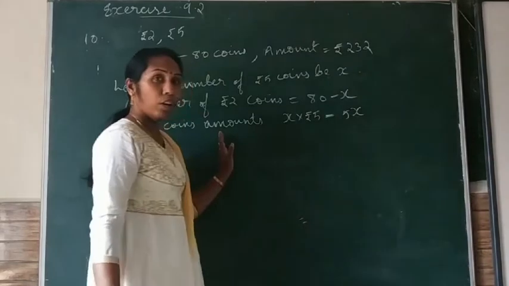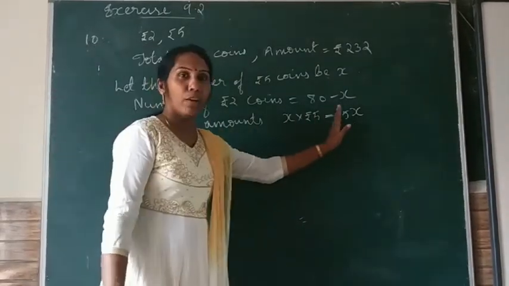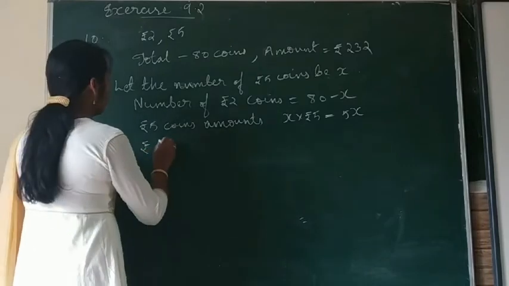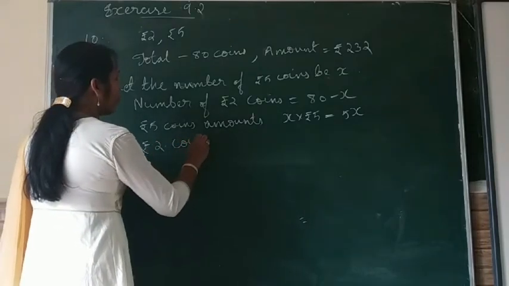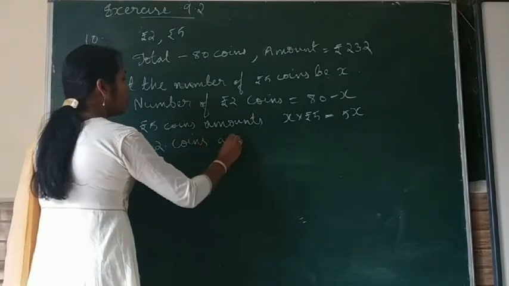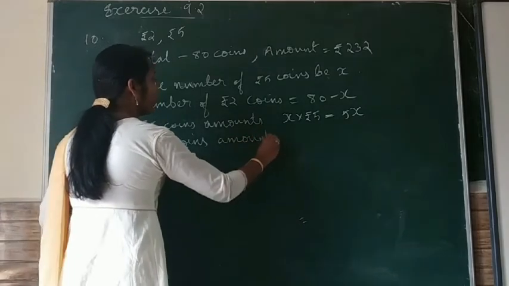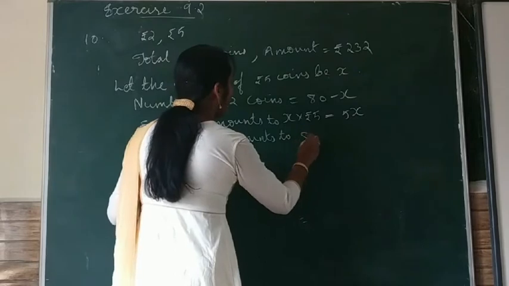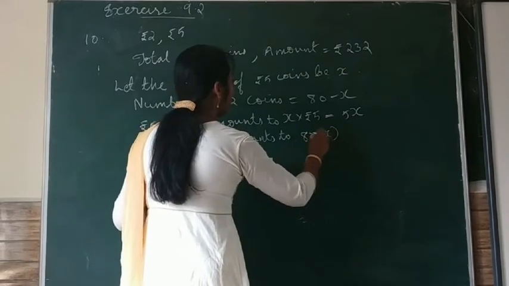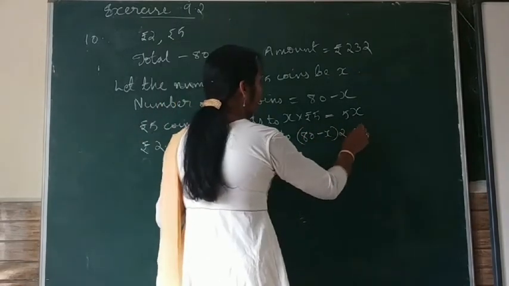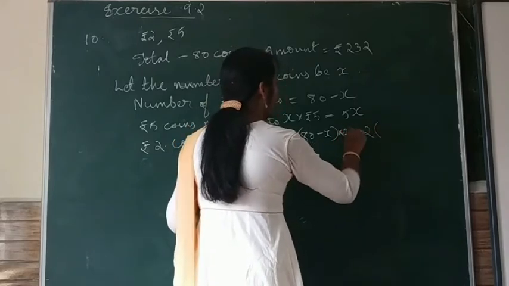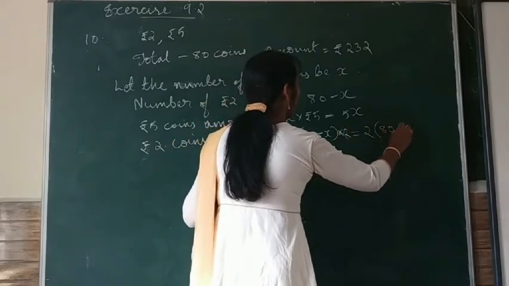The amount by rupees 5 coins is 5x and the rupees 2 coins amount to 80 minus x into 2, or 2 into 80 minus x.